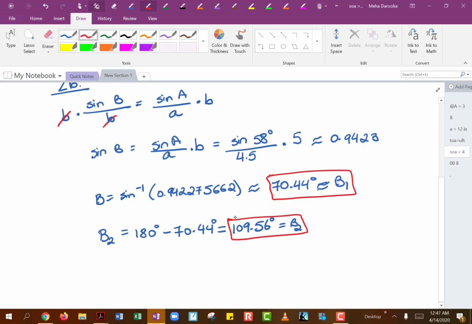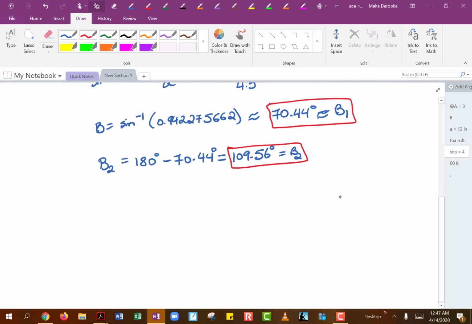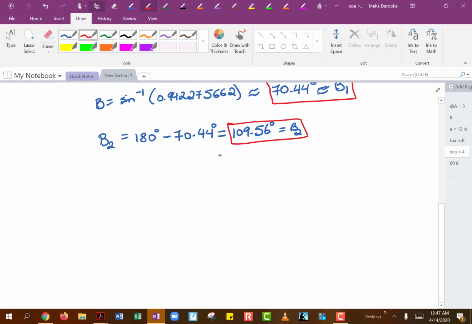Okay, and once you have these two angles, you can go ahead and find your angle C and side C. So let's separate these.